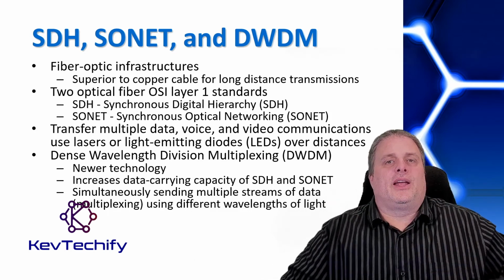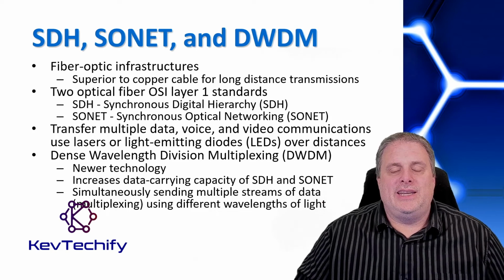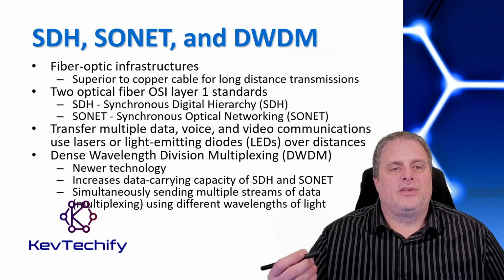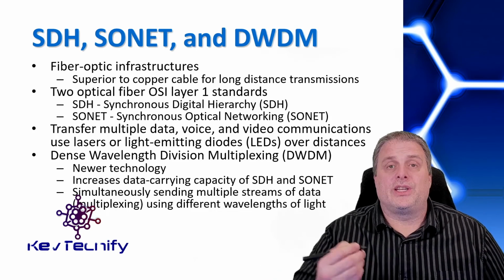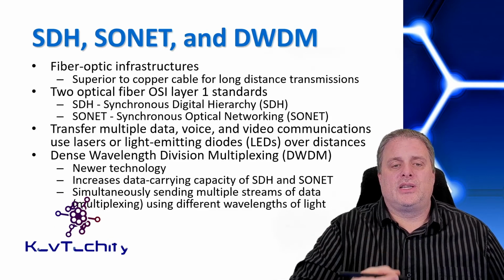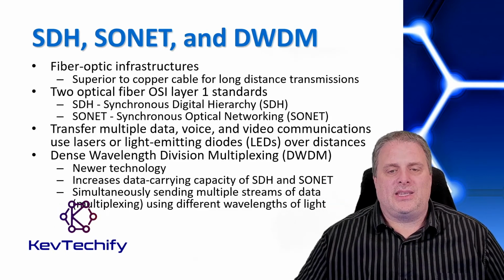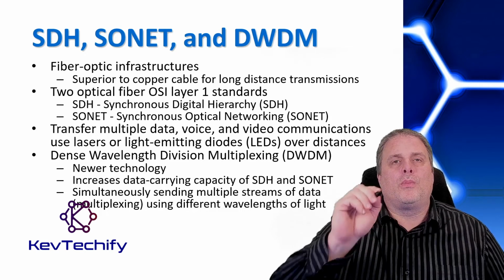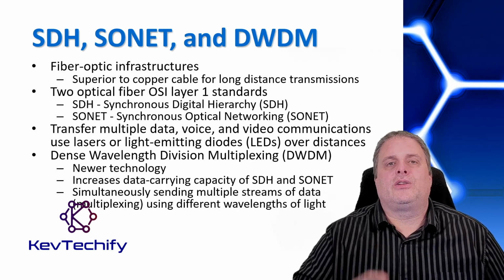There's a new kid on the block, DWDM, or dense wave division multiplexing. It's a newer technology, and what it does is it increases the carrying capacity by using multiple wavelengths of light, different colors of light.